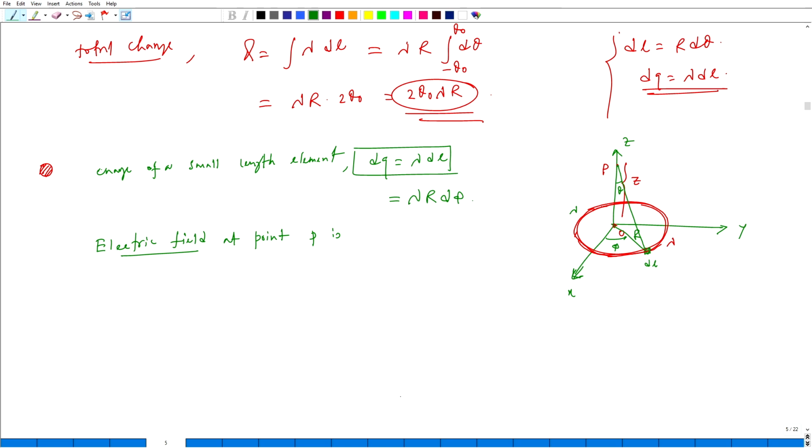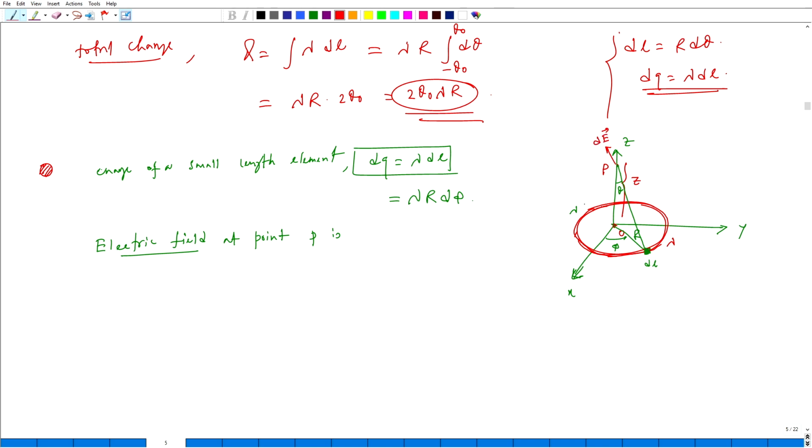First calculate the z components. Again from symmetry arguments, at point P, due to this strip with charge dq, the electric field direction is radially outwards, this is the dE vector.